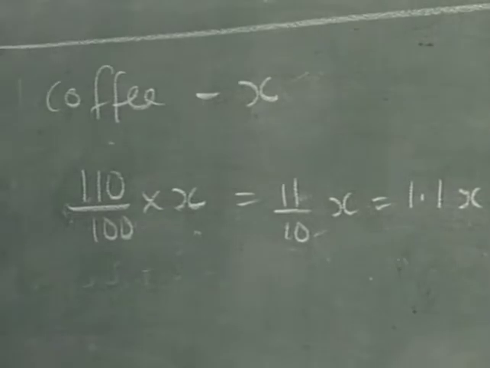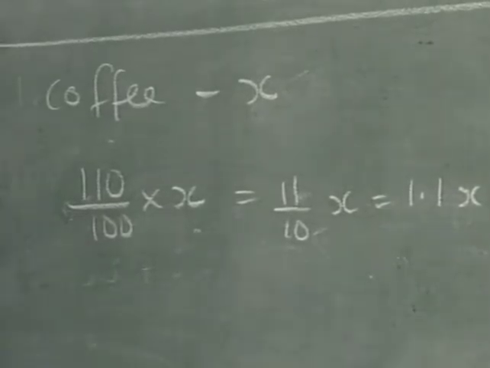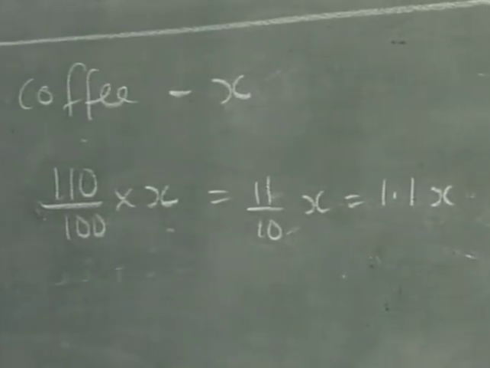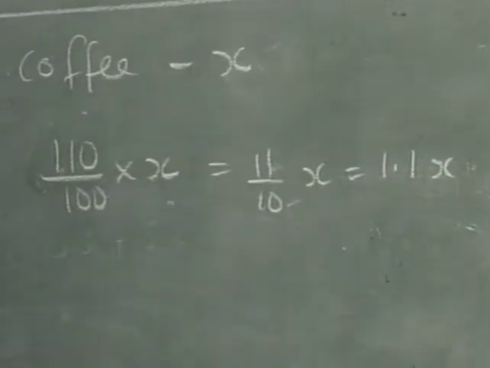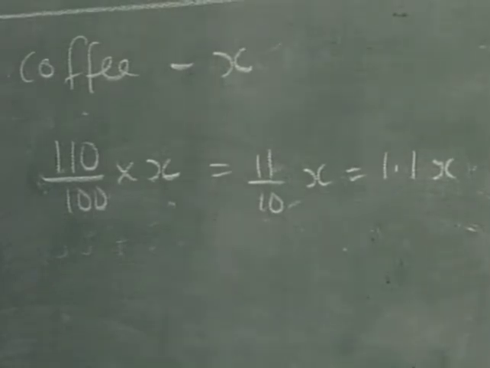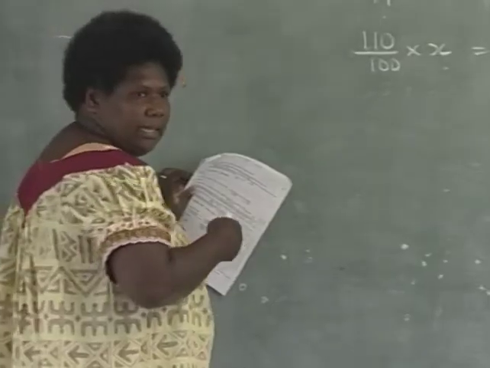Now you decrease this one because that is the price. Now you decrease it by 10%. Decrease this new price. You don't decrease x because it has already changed. The price of coffee has already changed. So you subtract 10% from 100 and you get 90.